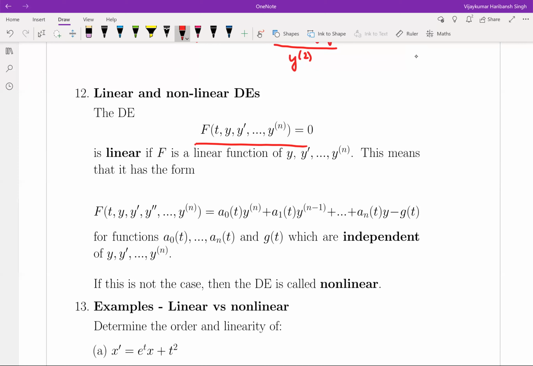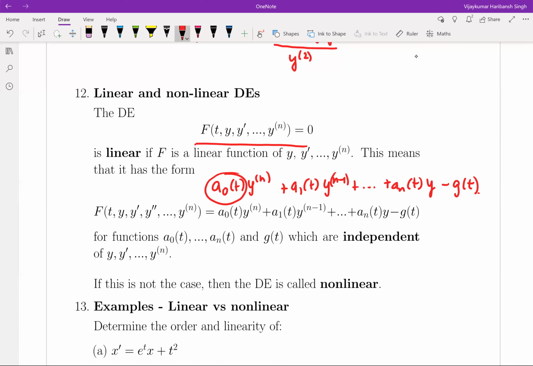Now, what does it mean to be linear? It means that you will have a0(t) y^(n) plus a1(t) y^(n-1) dot dot dot plus an(t) y minus g of t. These a's are some functions of t.